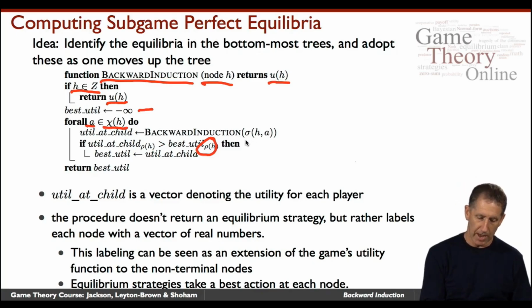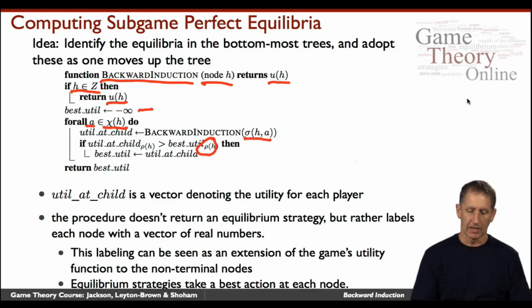We will look at the child you reach by taking action A at that node H. That's called sigma of H of A. So sigma of H of A is simply another node, one of the children of node H, that you arrive at by taking that particular action A. And we'll recursively look at that vector associated with that child, and we will keep it in this variable called util at child.